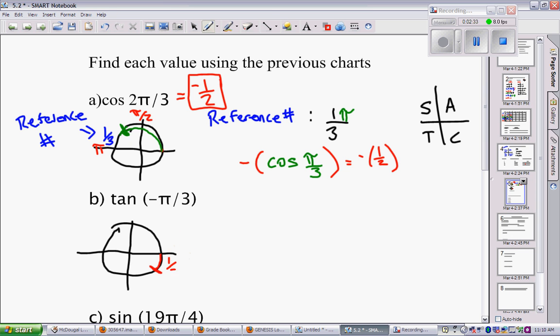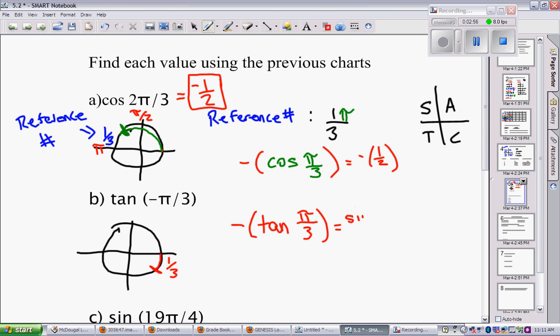So we are still 1/3 away from our x-axis. We're in quadrant 4. Only cosine is positive, so we want the negative tangent of pi over 3.